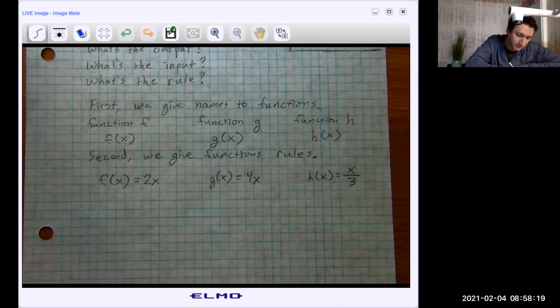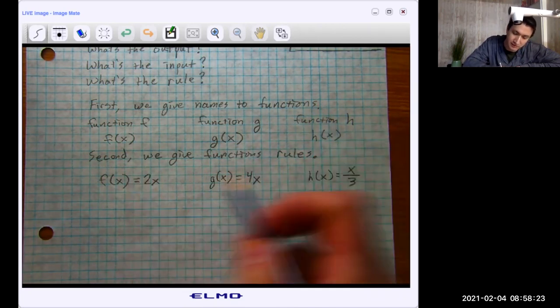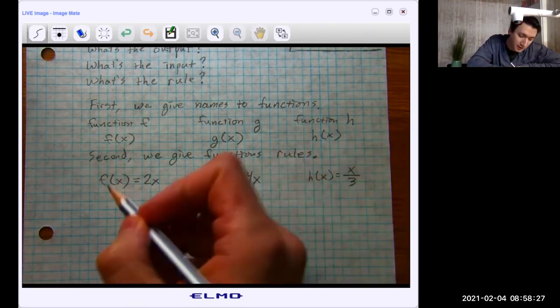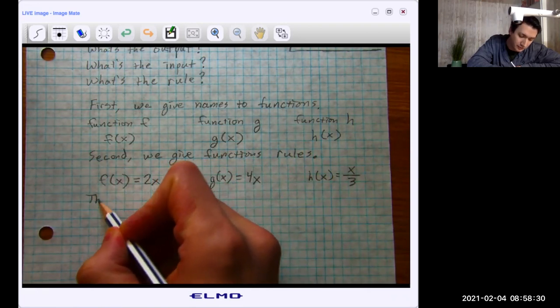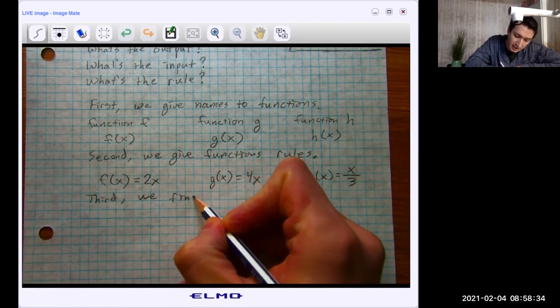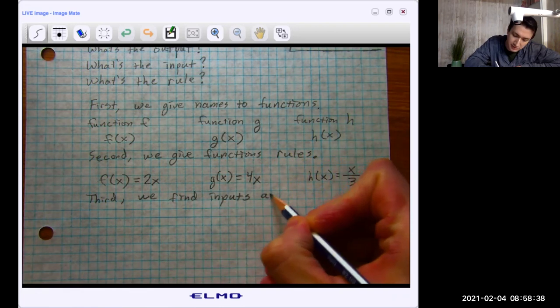Let's create a table. So first we give the names functions. Second, we give the functions rules, or maybe it already has a rule, so we can skip that step. Third, we find inputs and or outputs.